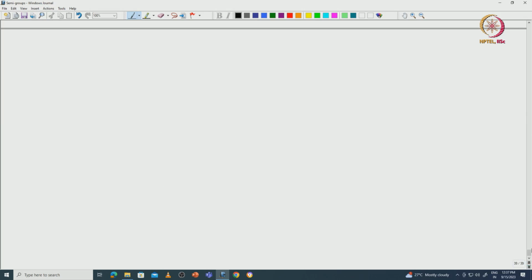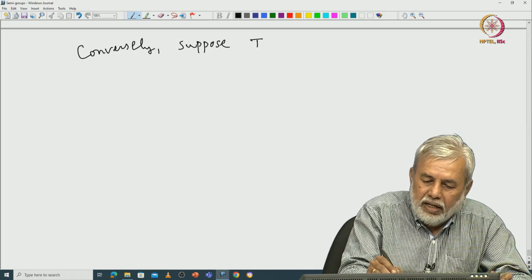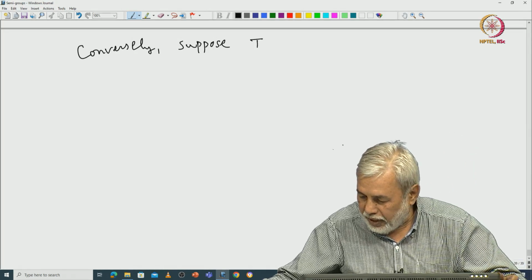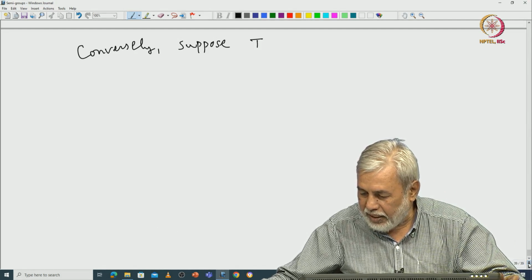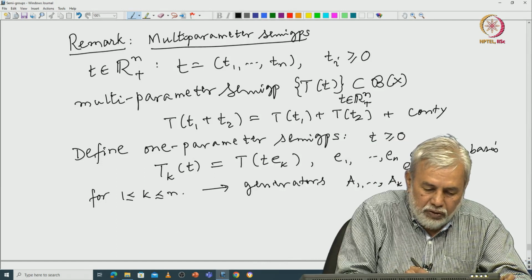Okay. So that's why you will not see much discussion on multi-parameter semigroups. So conversely, suppose T1 of course, you can just verify that, and that's going to be the definition also.